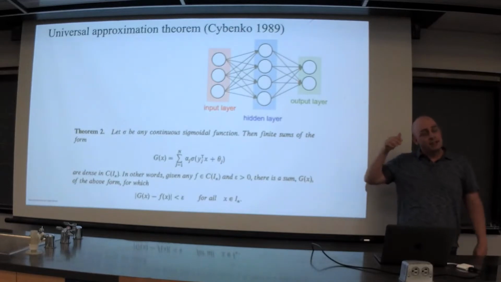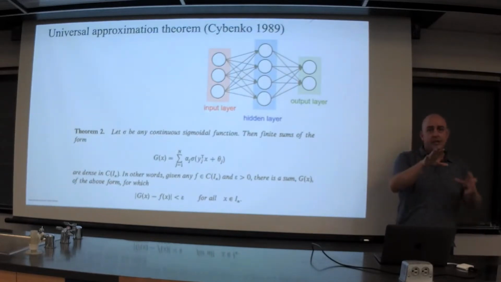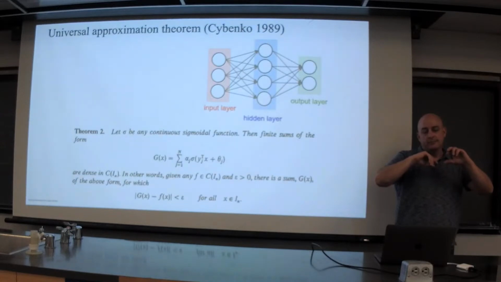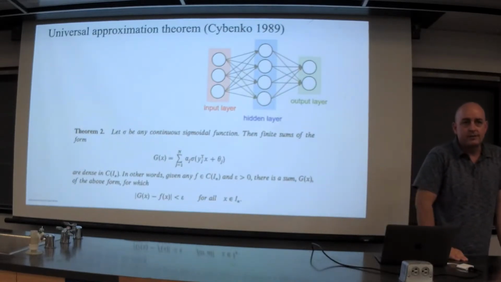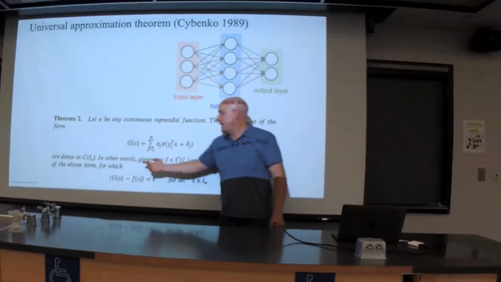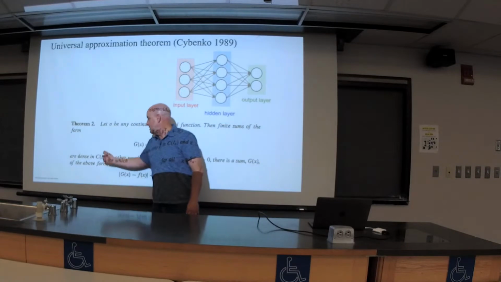Basically, it means I can find a sequence of neural networks that is becoming a better and better approximation of my continuous function, and then in the limit, it is becoming that continuous function. So what it means is basically I can get any continuous behavior I want.